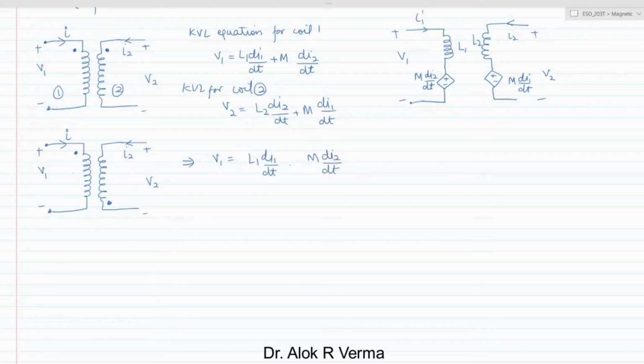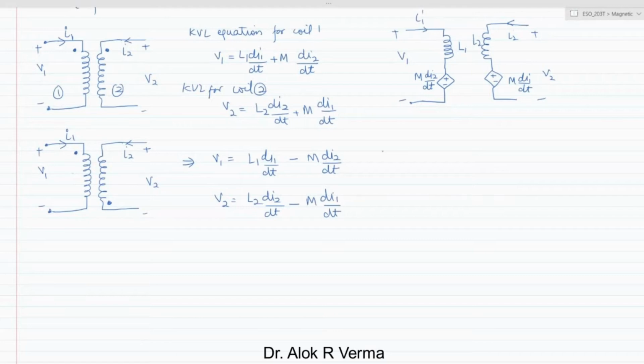What's the polarity of M now? See, I1 is entering into the dot, so this is I1, sorry for that. So I1 is entering into the dot and I2 is leaving the dot, so this will be negative. Similarly, V2 will be L2 di2 by dt minus M di1 by dt.